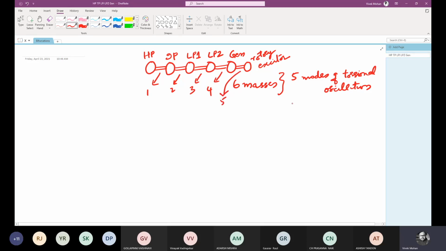And one common mode oscillation, which means the oscillation considering all the masses moving together. Now, in what context these oscillations are amplified, that is what we are going to see.